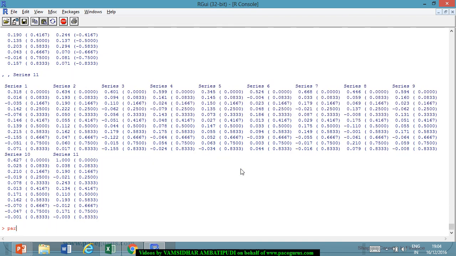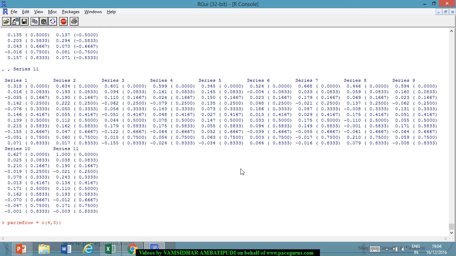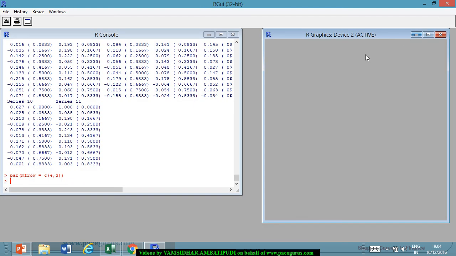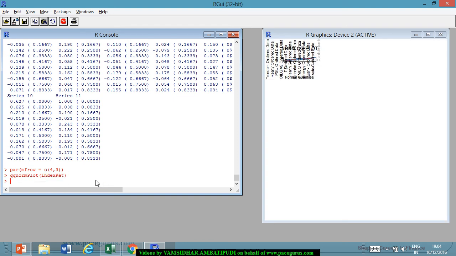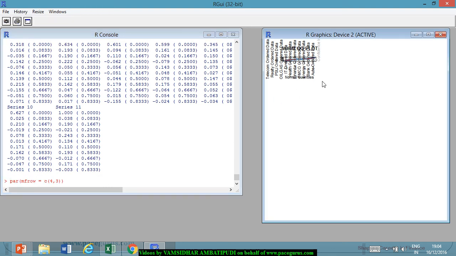So let me set par mfrow equal to c(4,3) so that I can look at all of them in one single shot, wherein I'll go with QQ norm plots trying to understand what is the level of normality that each of these returns are typically following. So let me take it with the index ret itself. I don't need absolute here, right?